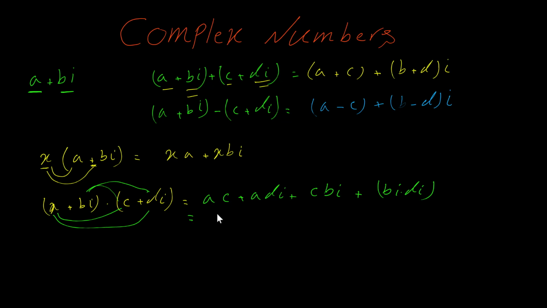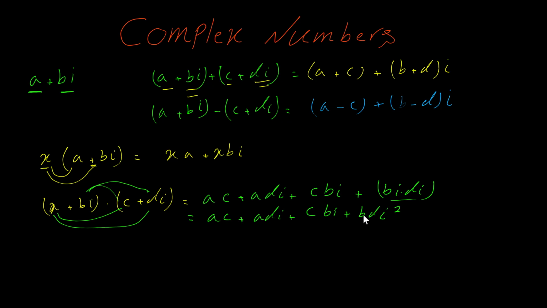And then if you simplify this term, we will have bdi squared, right? And so let's write it: ac plus adi plus cbi plus bdi squared.